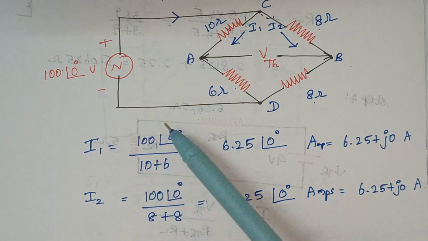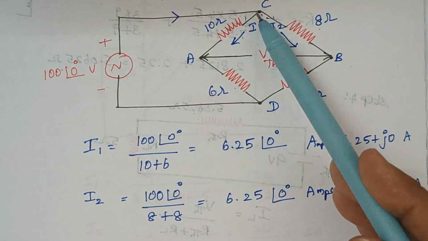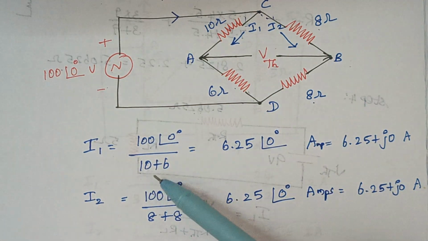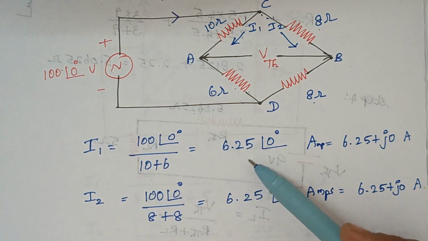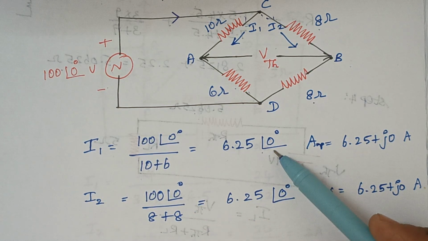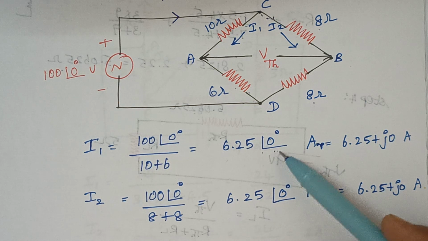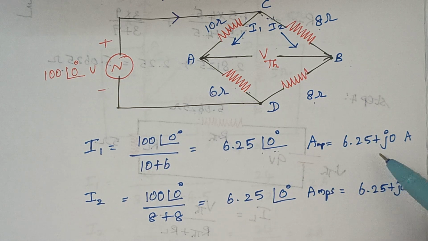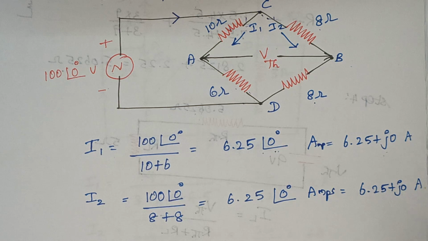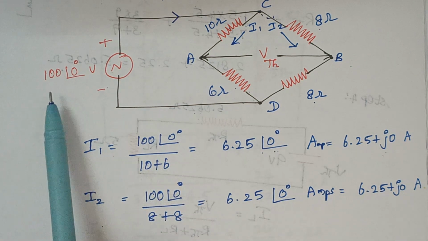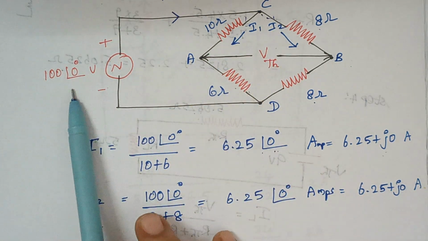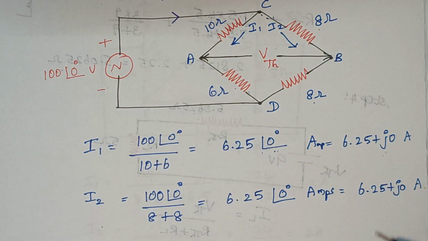So I1 is nothing but V by, here these two are in series, therefore 10 plus 6, that gives the answer as 6.25 with an angle 0 degree. I am converting this into rectangular form: 6.25 plus J0. And I2 is again the same 100 volts impressed across this series combination, therefore 100 divided by 8 plus 8.